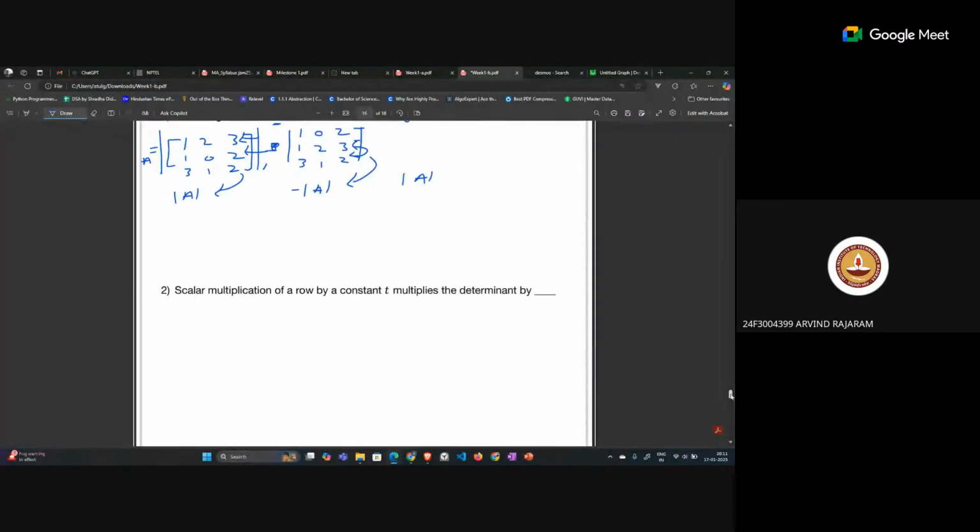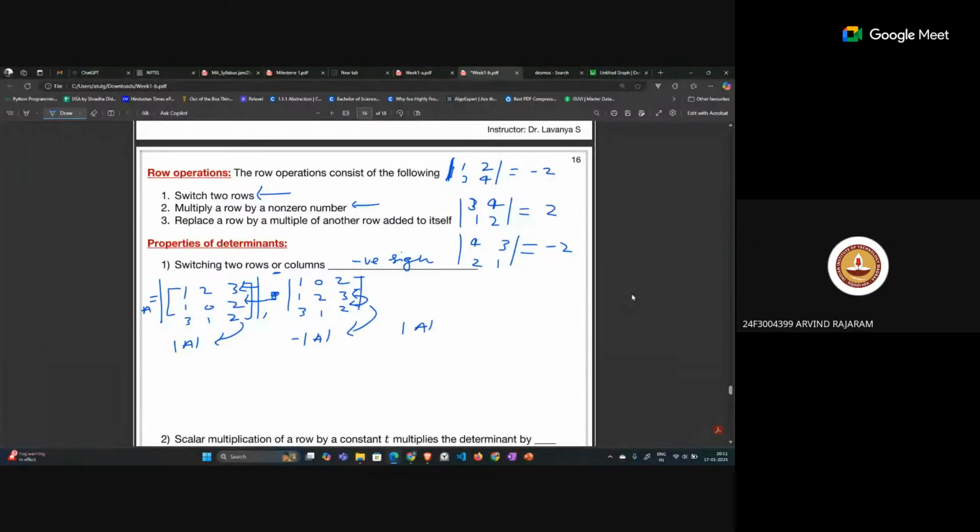Sir, quick question. Instead of swapping the rows, if you just swap the elements within a row, is there any effect on the determinant? How will you do that? For instance, taking matrix A, instead of A11 you put A12, and instead of A12 you put A11. This is not a valid operation. It's not one of the three valid operations.